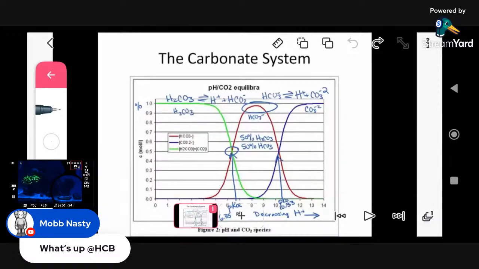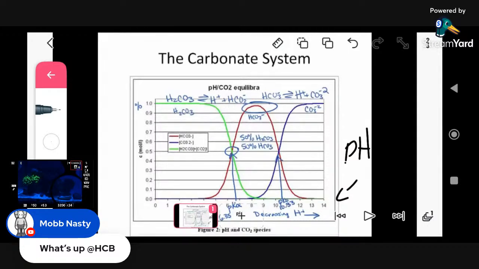Down here, this is the pH scale. It is labeled down here. That's the pH scale.